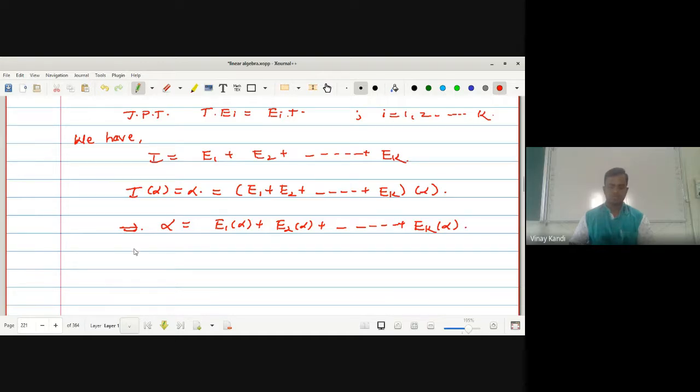So this implies alpha is equal to summation i running from 1 to k of Ei of alpha. Is it correct? Yes, sir.